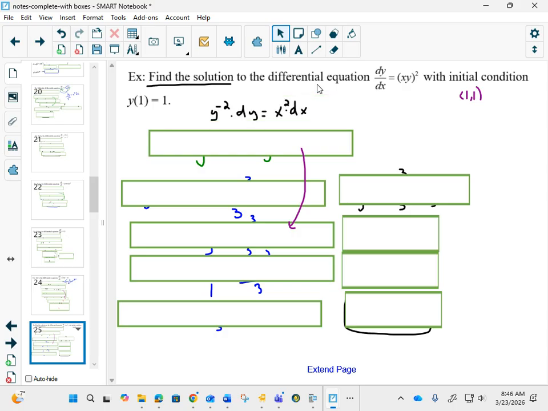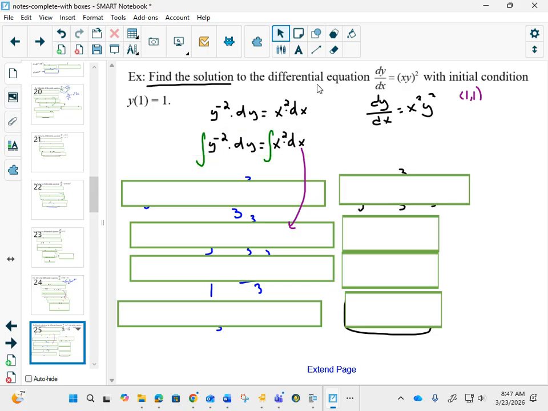Can we separate it? Well, first you'd have to use your exponent law, so that becomes x squared, y squared. It's multiplication. That would allow you to separate them. Integrate on both sides. And I'm okay if you skip right to this step and just put a plus c once.